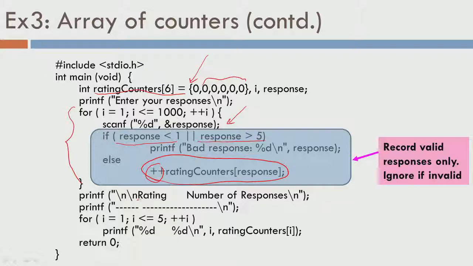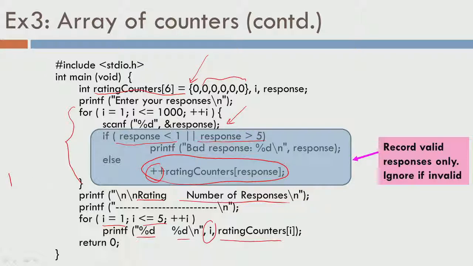Once you are done with this loop, you can now print the rating and the number of responses. We run from 1 to 5, both inclusive, and we print the 2 values: the rating i and the count. So, at the end of this, if I scan 1000 inputs, the output would look something like this.